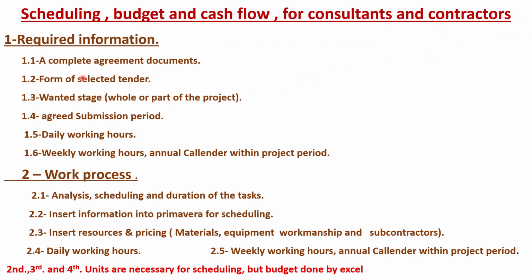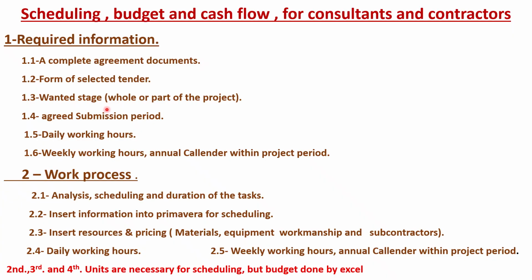Required information. There is some required information to be given by the consultant or contractor. A complete agreement document is one of the very important pieces of information to make the plan. A form of selected tender, so that this is the final.